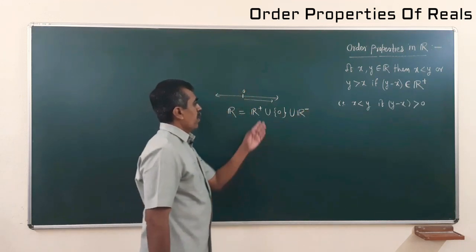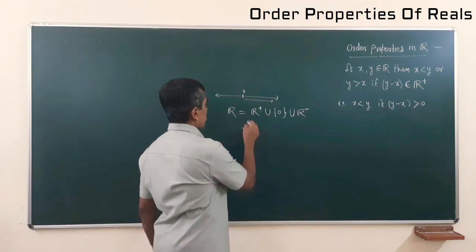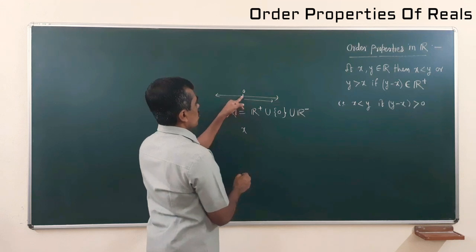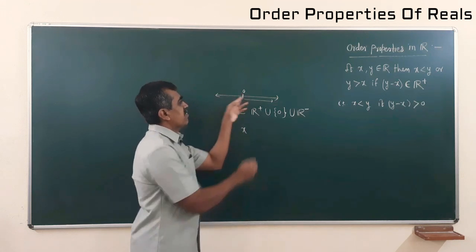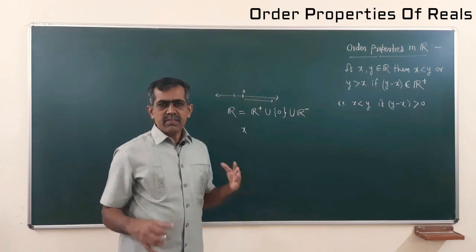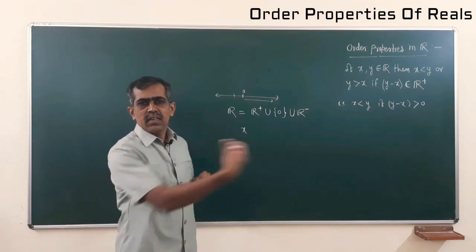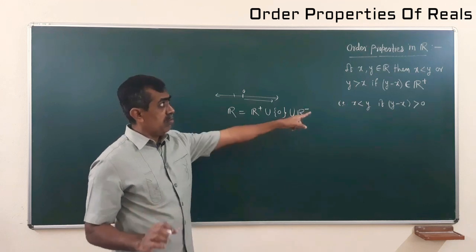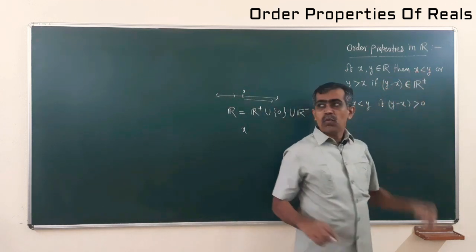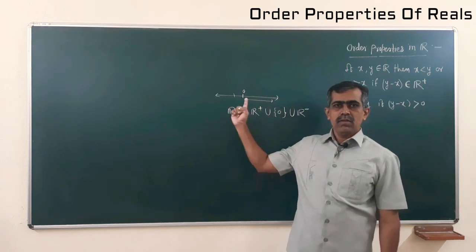Now see, if x is to the left of 0, left and right, a number which is to the left is always smaller than the number to the right. That is what we see here: x less than y means x is to the left of y on the real line.